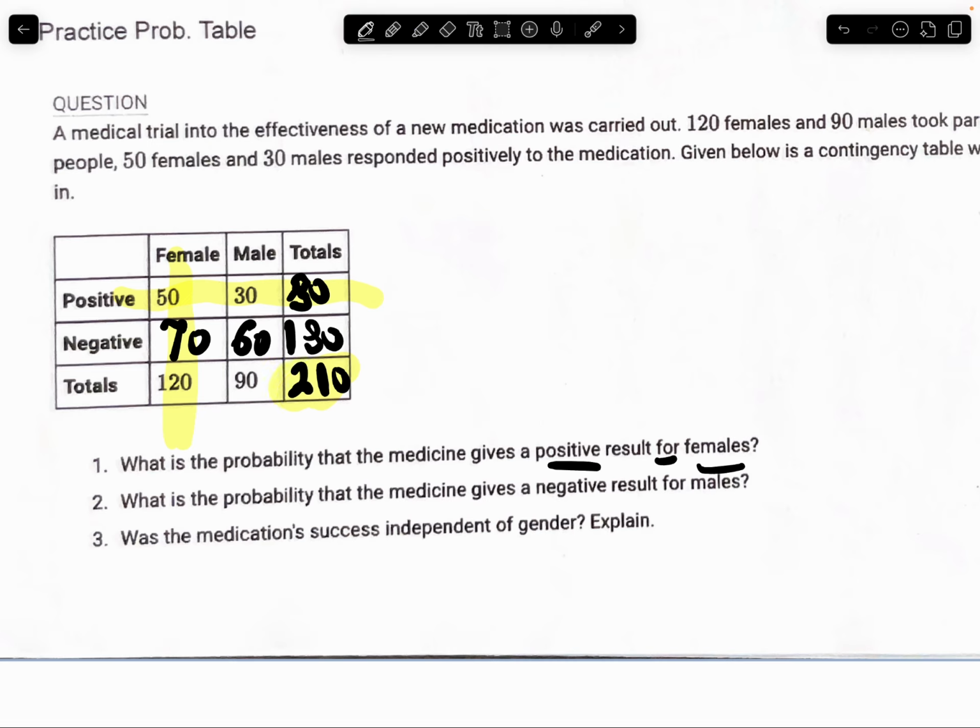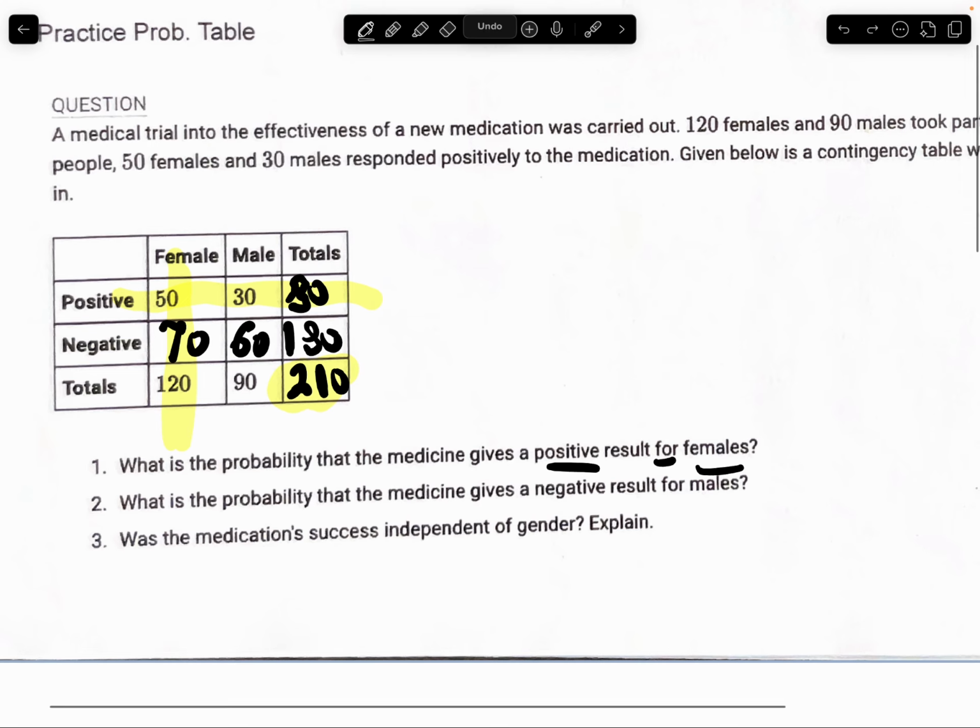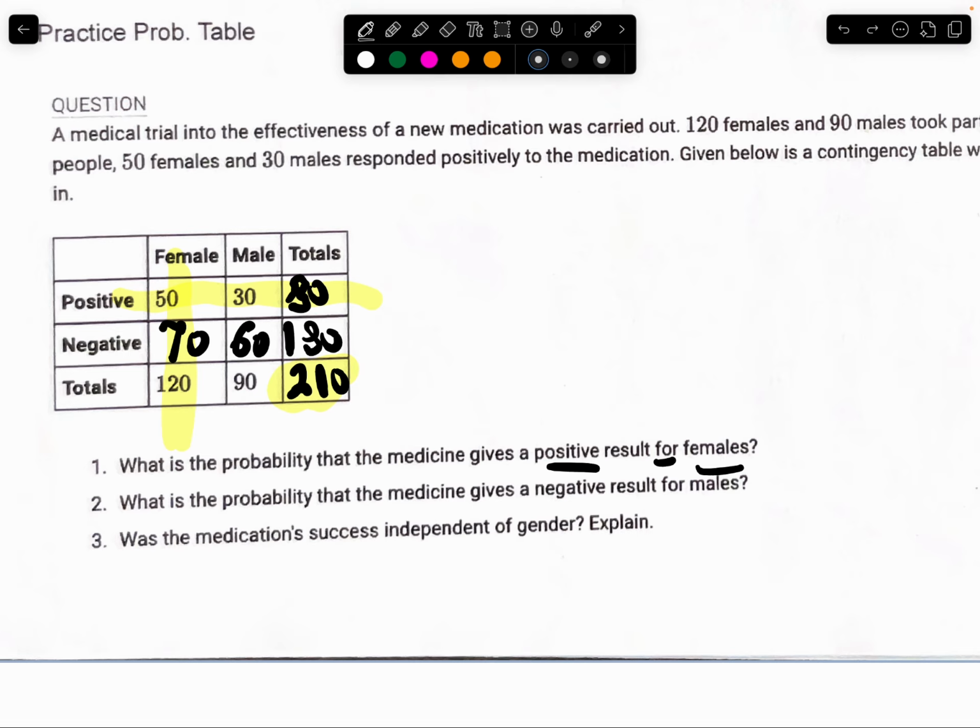So we have positive and females. 50 divided by 210, which is about 0.24. Rounding a little bit. Okay, good.